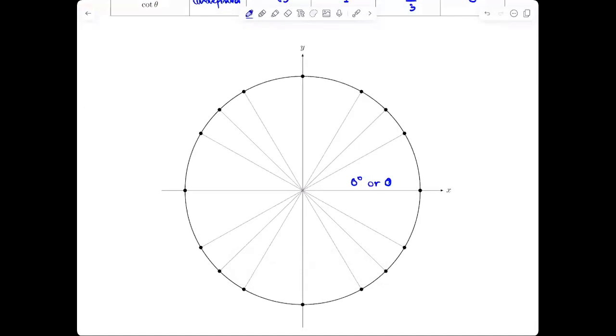Let me use a different color here. So this point is 1, 0. So x, the measurement here is 1. That is on the x-axis, so the y value is 0.